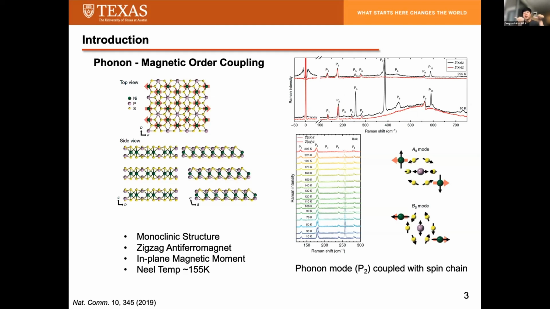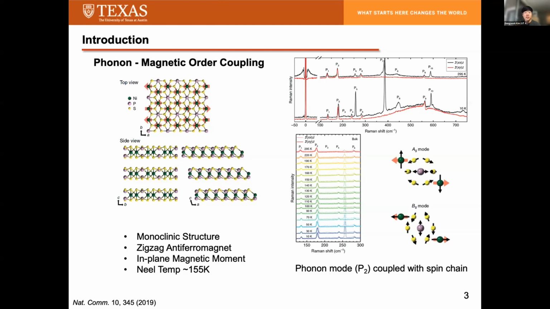When they couple with the local magnetic structure, because the vibration directions are different, their coupling reacts differently. As a result, you can see two different frequency modes in the Raman spectrum.